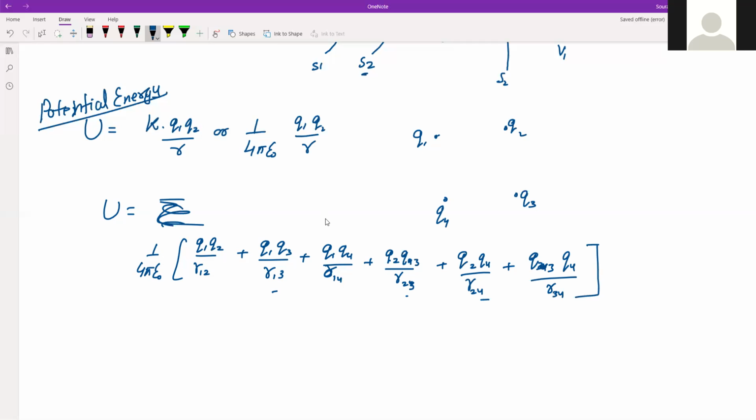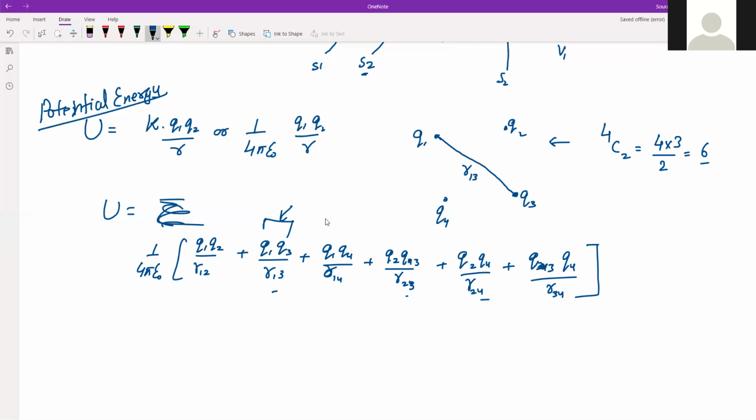These are the total combinations for which you have to find the potential energy. For example, there will be potential energy due to the combination of Q1 and Q3, and this distance is r13, so that is what we have taken here. In this case, there are four charges, so out of four you have to take combinations of two, that is 4 into 3 divided by 2, which is 6.